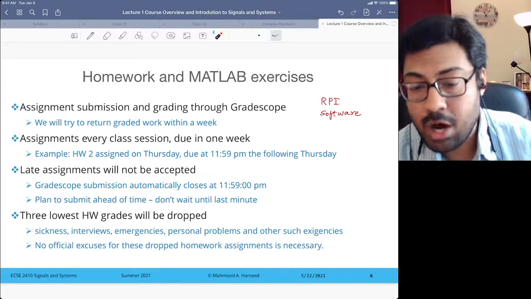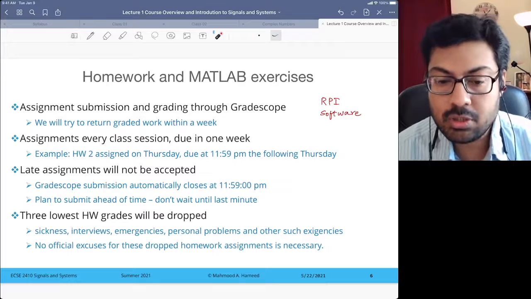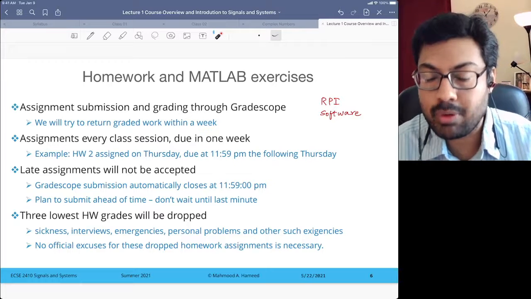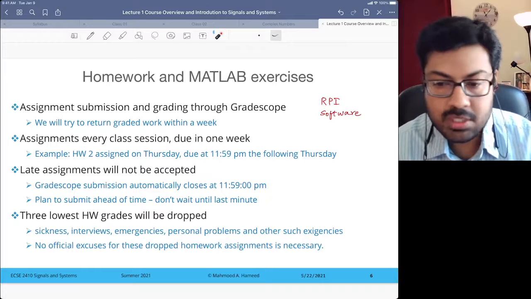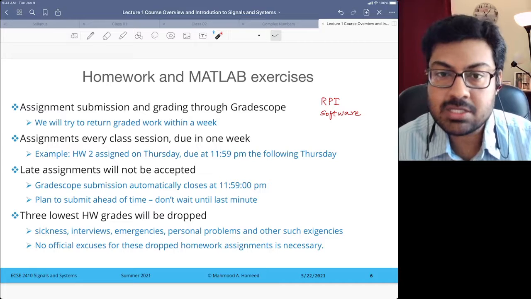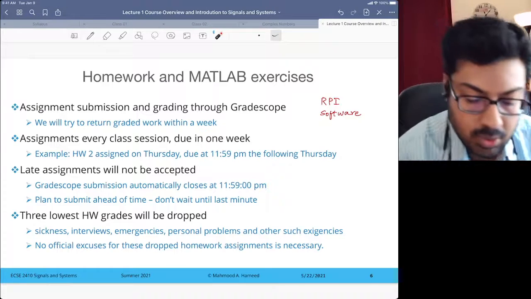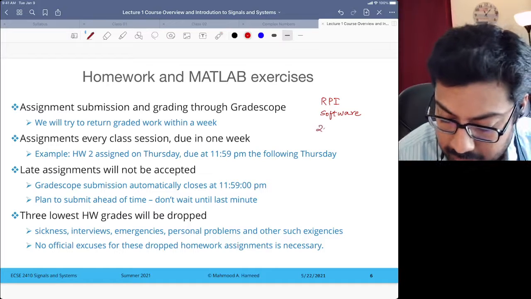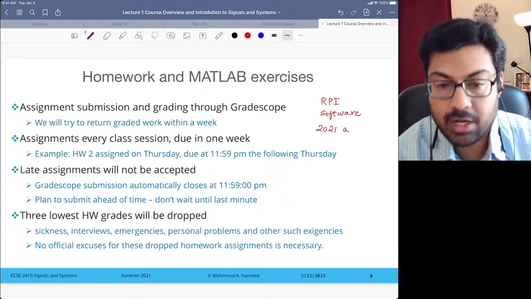If you have installed it a few years ago, you can still use that, right? There's not a problem for at least the things that we are going to do. But the most up-to-date version is 2021A. So if you are installing Matlab for the first time, that's what I would recommend.